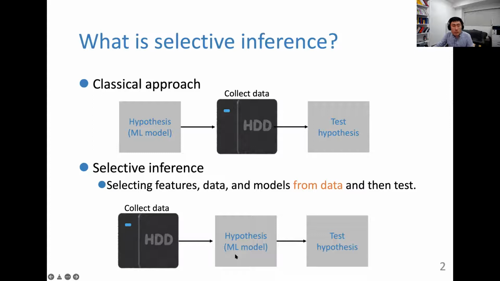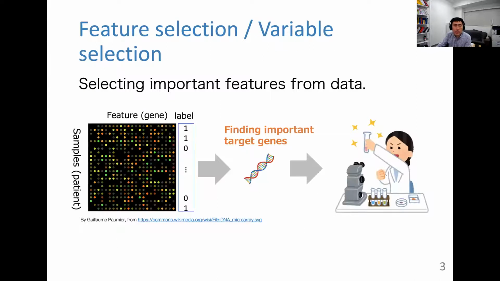Therefore, it is difficult to control the false discovery rate, because we build a model to get important features, selected based on the maximum HSIC or something. So if we do the testing on the same data set, we tend to have many false discoveries. Before going further, I want to explain how to select features, how to select the data set, and how to select the model first.